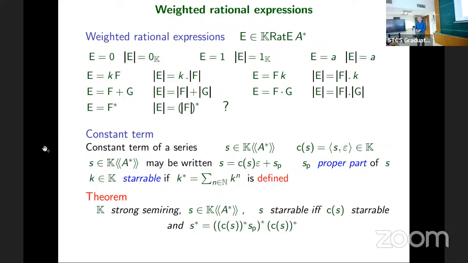It's a ring, it's an algebra, it's not strong. We don't know whether in this ring the star is defined. But okay, strong semiring is a sufficient hypothesis. It covers all that we need, and I'm safe somehow.